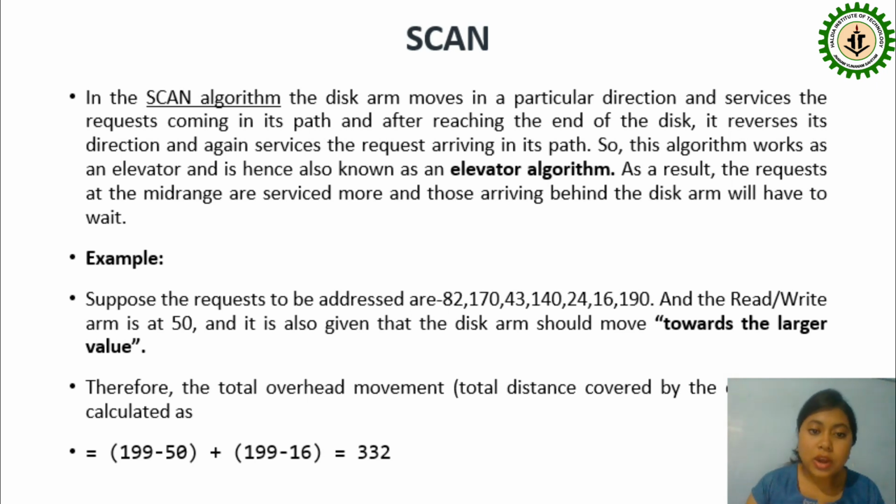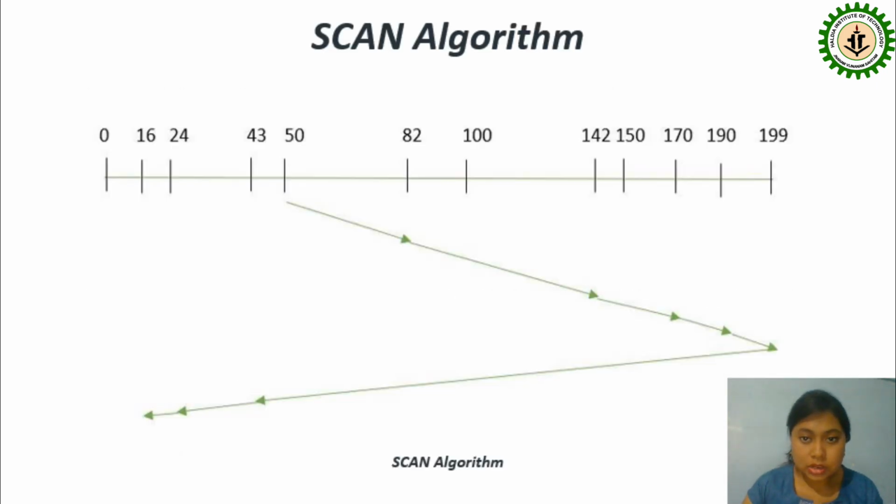Then from 199 we have to again go to position 16 through 43, 24 and 16. So the last position is 16. So 199 minus 16. So the total will be 332. This is the diagram.